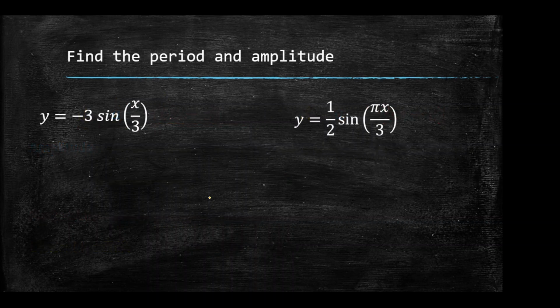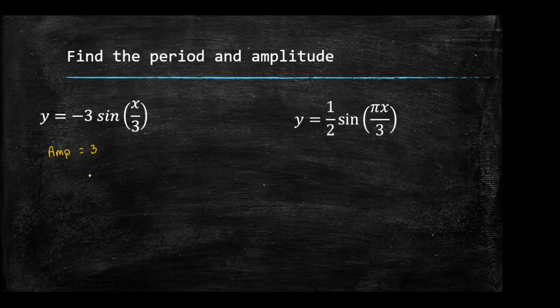So we're going to start off easy and just find the period and the amplitude. Okay, and we didn't talk about it in the previous slide, but a negative value is just going to inverse the function across the x-axis, or reflect it across the x-axis. So for here, remember that amplitude is the absolute value, so it doesn't care if it's positive or negative. My amplitude is 3. And I'm just going to write amp for short. Amp is 3.